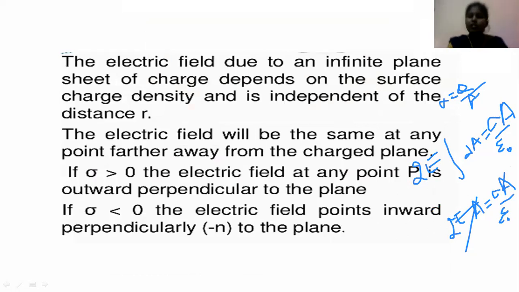So finally E is equal to sigma by 2 epsilon naught, the electric field due to an infinite plane sheet of charge.